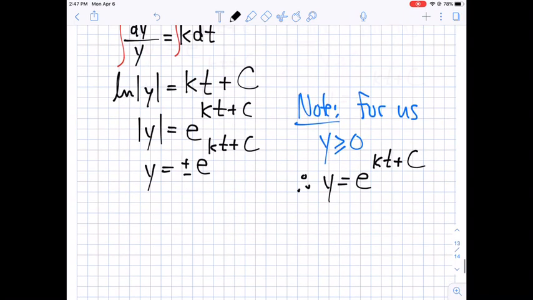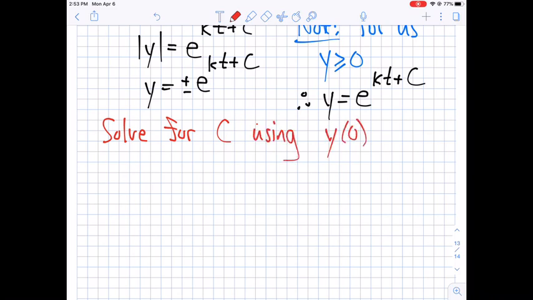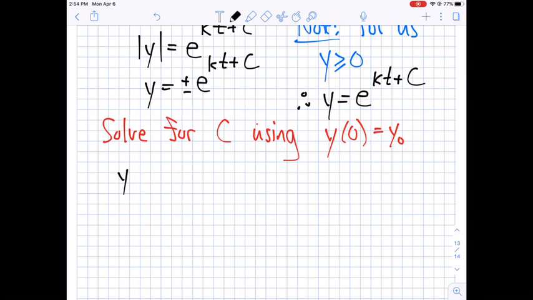So fine. We want to solve for c. And we're going to do that using our initial condition that y of 0 is equal to y naught. And right now we know y is equal to e to the kt plus c.